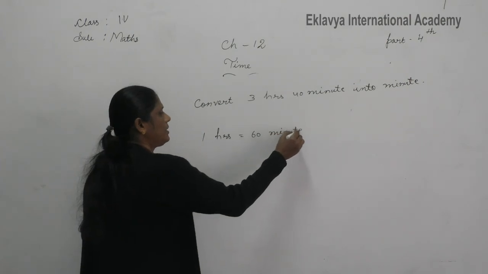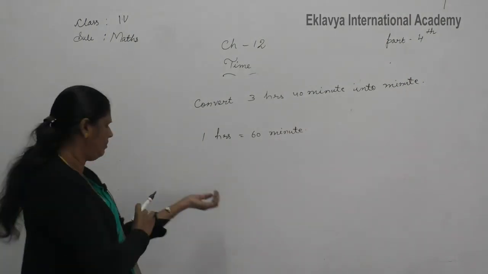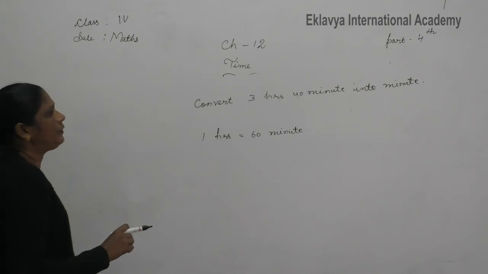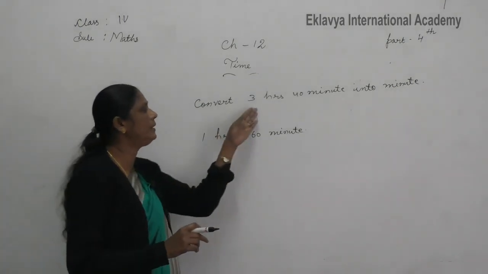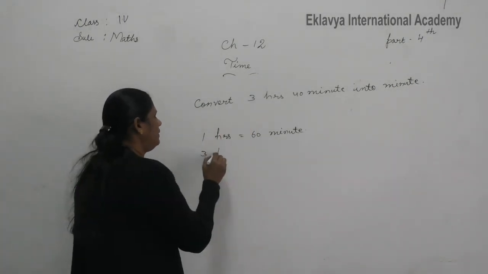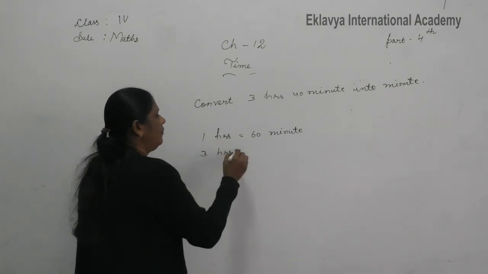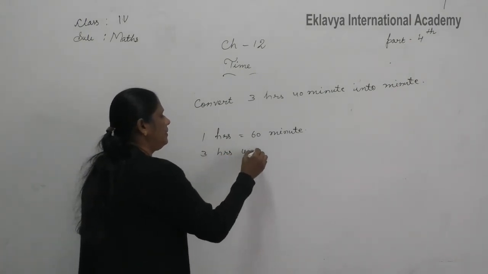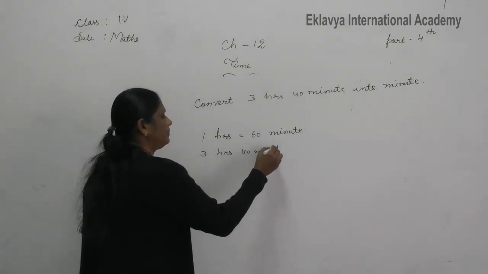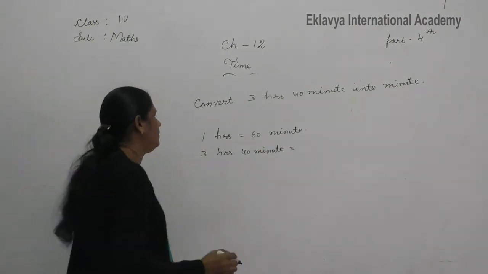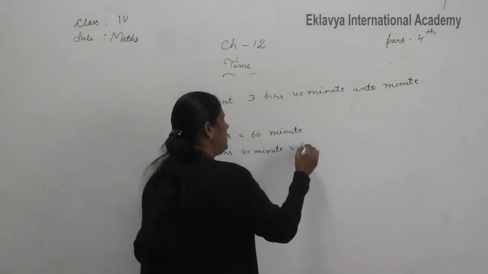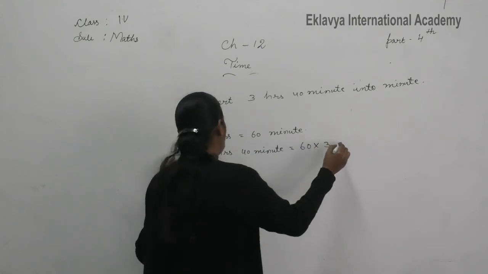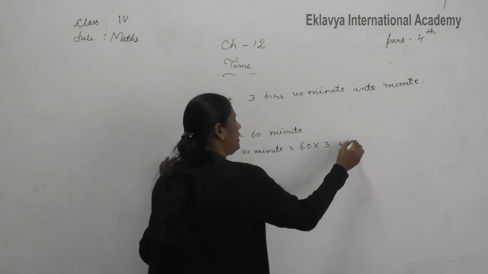Therefore, 3 hours 40 minutes is equal to 60 multiplied by 3, plus 40.